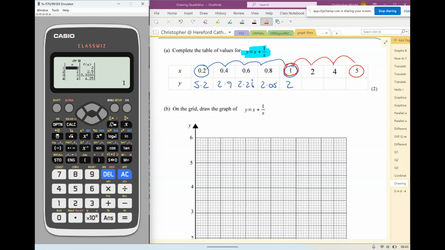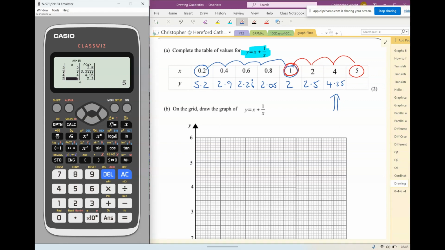Okay, when x is 1, y is 2. That's good, I already knew that. Now the second row here tells me that when x is 2, y is 2.5. Now the next thing I need to fill in on my table is when x is 4. So when x is 4, y is 4.25. Okay, and now I want when x is 5.